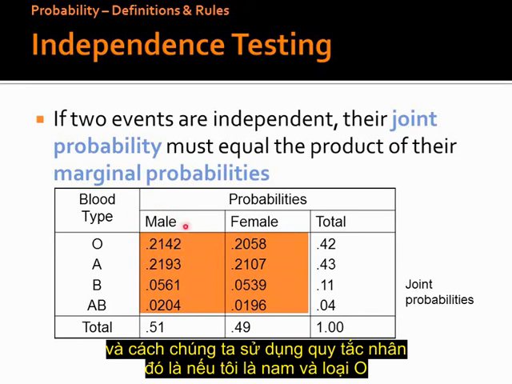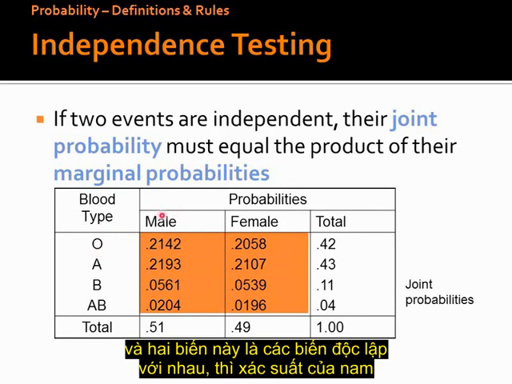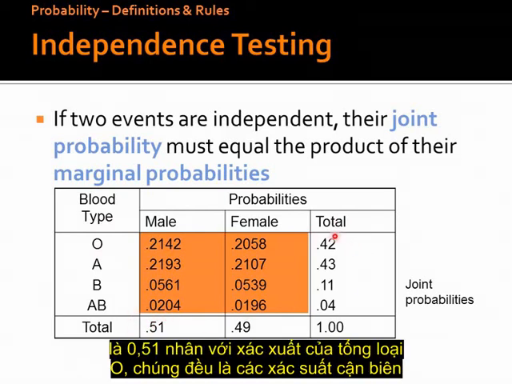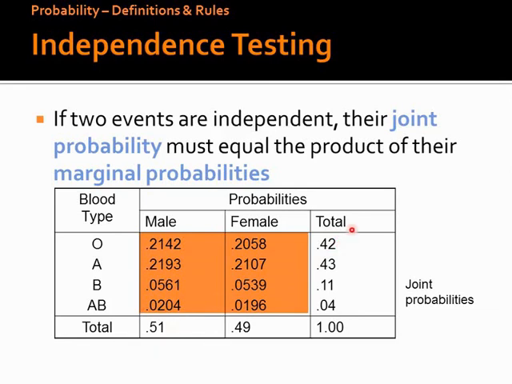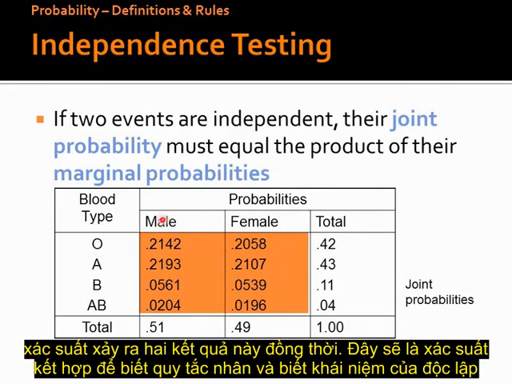If I am male and type O and these two variables are independent of each other, then it would be the probability of male, 0.51, multiplied by the probability of type O. These are both marginal probabilities. Multiply them together, and that is my new probability of being these two outcomes at the same time. This would be the joint probability.